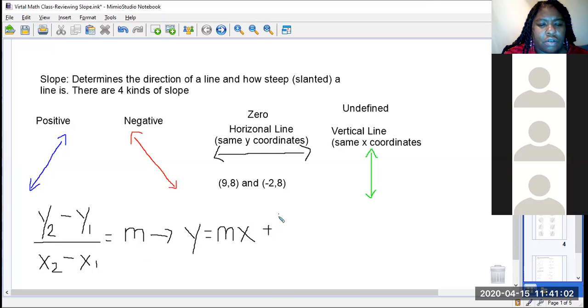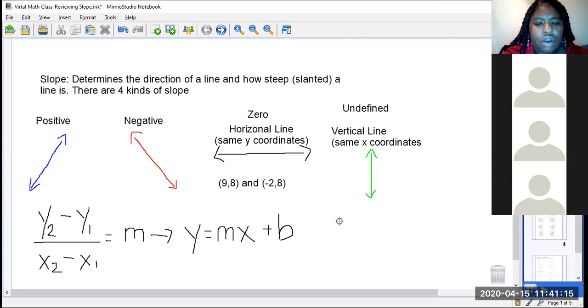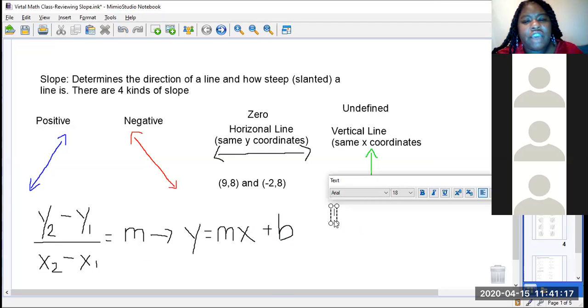Is that an arrow after the m? Yes, it is. Now you know I'm not an artist, Mr. McFadden.